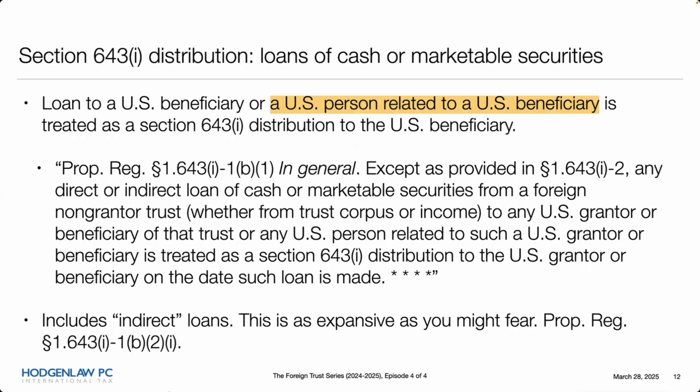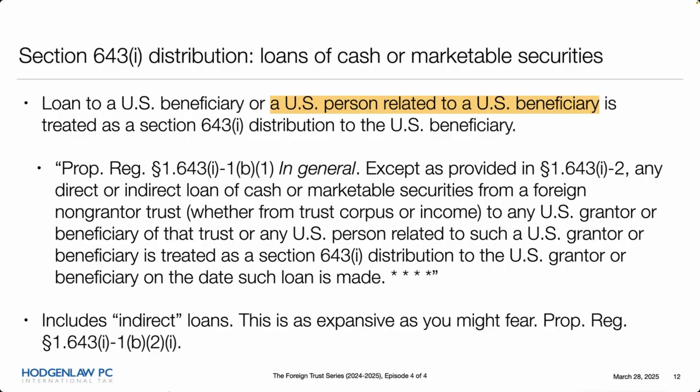So here's the rule for loans of cash or marketable securities. It's not such a big deal if you have a loan from the trust to your U.S. beneficiary that you're preparing the tax return for. What's hard here is that a loan from a trust to a U.S. person related to the beneficiary is treated as a distribution to the beneficiary.